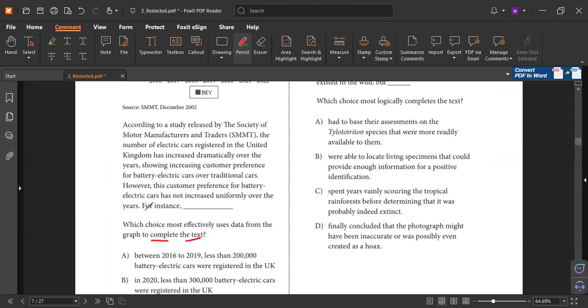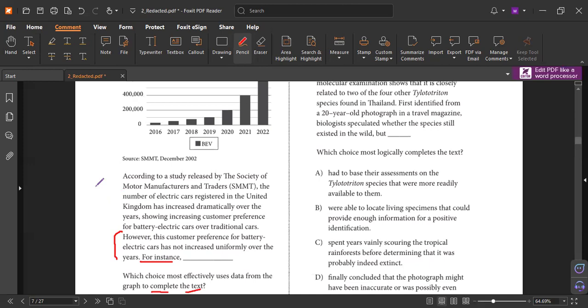He said here, for instance. So we need an example to prove an idea mentioned before. Let's read very quickly.